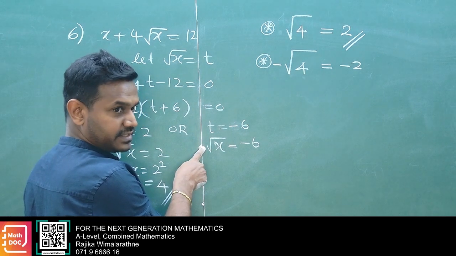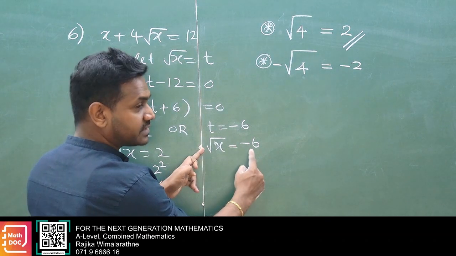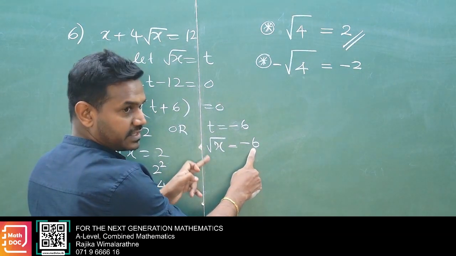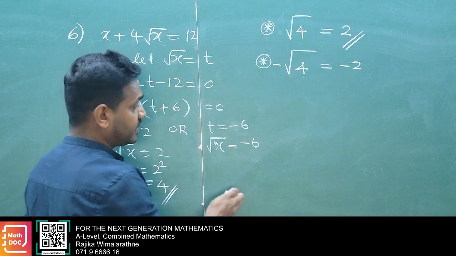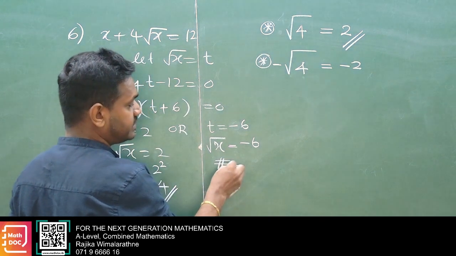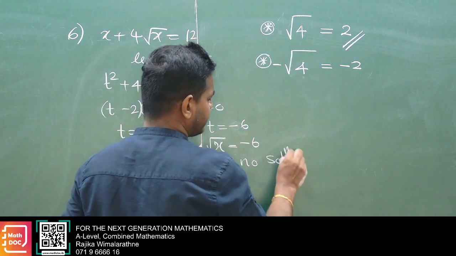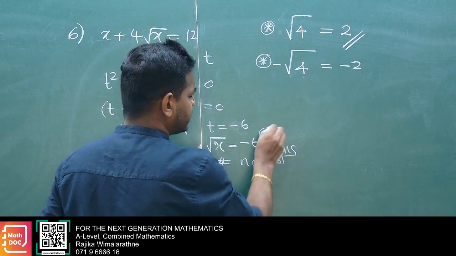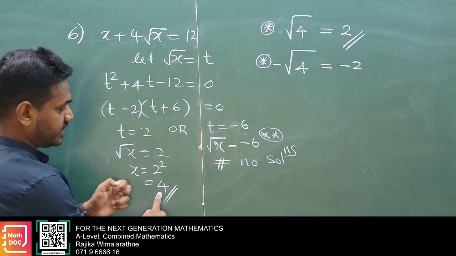If you have a plus value here, you can't get a minus result. Therefore, this is not possible. Then you say it is a contradiction. No solution. That is very important. This you will miss. Then here root x equals 2, we have the solution x equals 4.